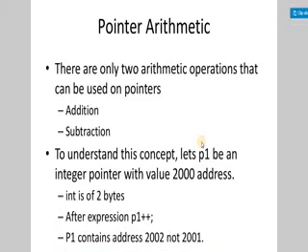So if 2000 is the address, to store one integer type data it will take two locations, 2000 and 2001. These two locations will be occupied by one variable because it is an integer type variable.